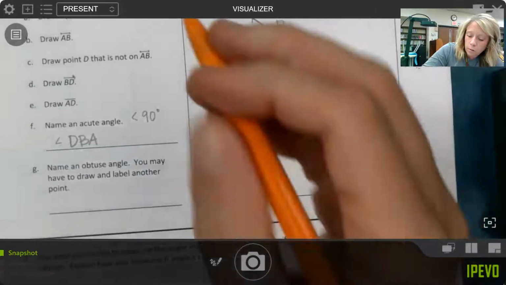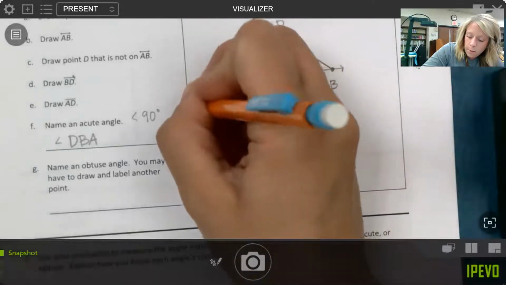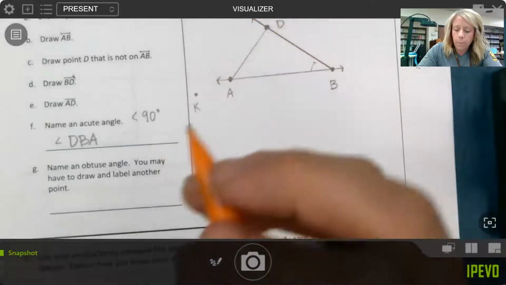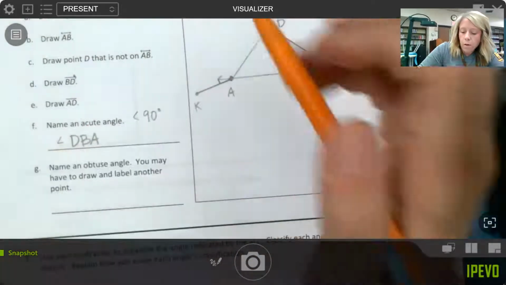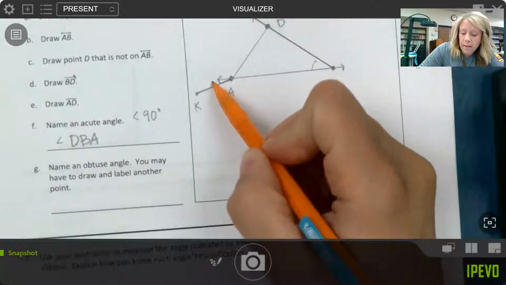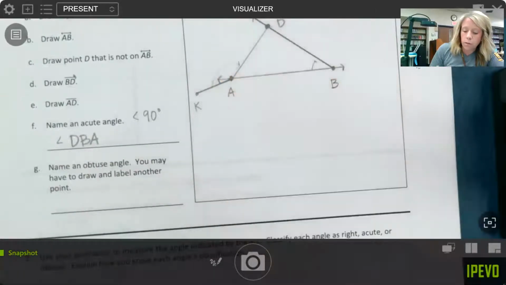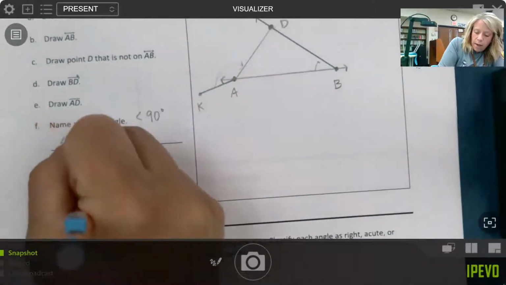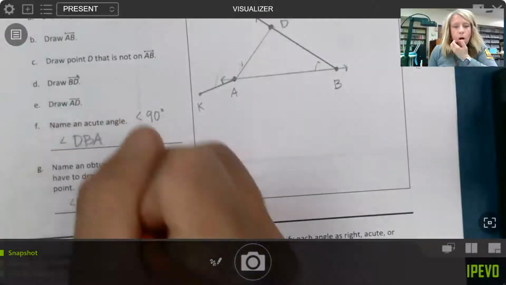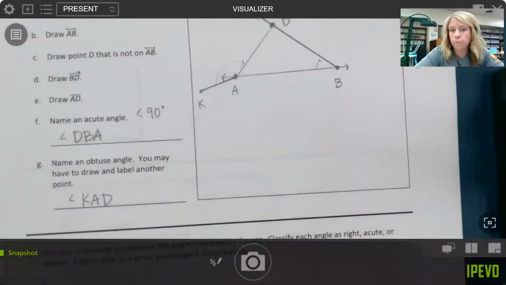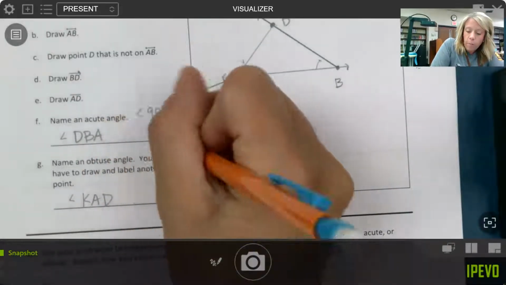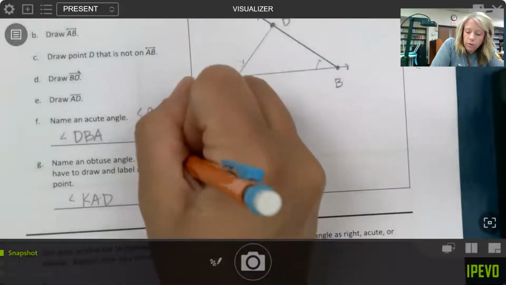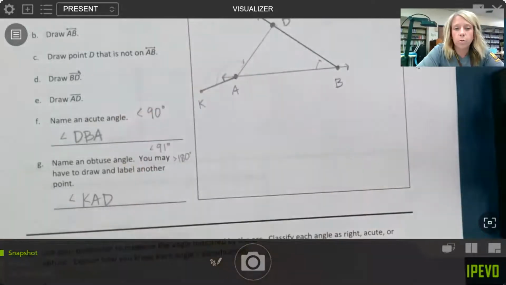I'm actually going to draw a point here, and I'm going to label it K. I'm going to connect A and K. So angle KAD is definitely obtuse. It's bigger than 90. So angle KAD. And just like the last one, if you're not sure, measure it and make sure it is bigger than 90, but less than 180 to be obtuse.